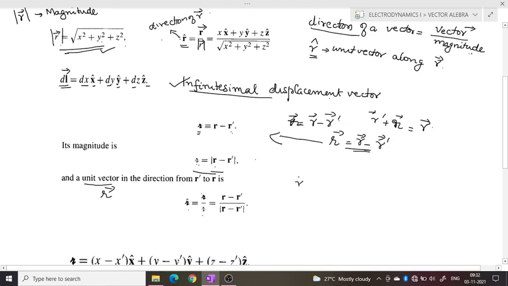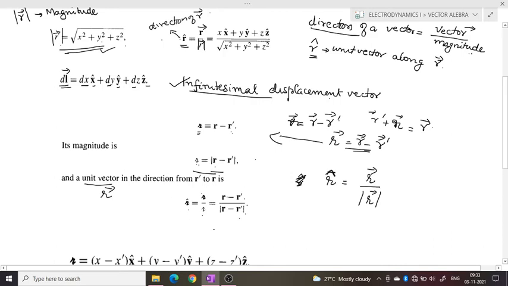So the unit vector along this direction is given by the separation vector r divided by its magnitude, that is r minus r dash divided by its magnitude.